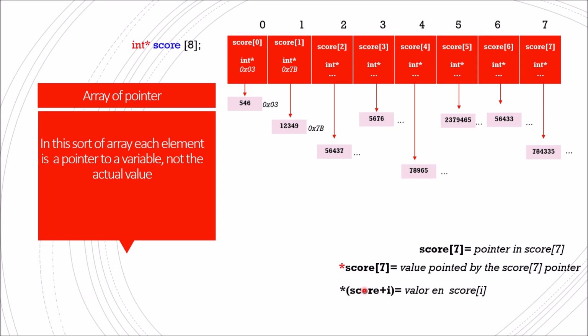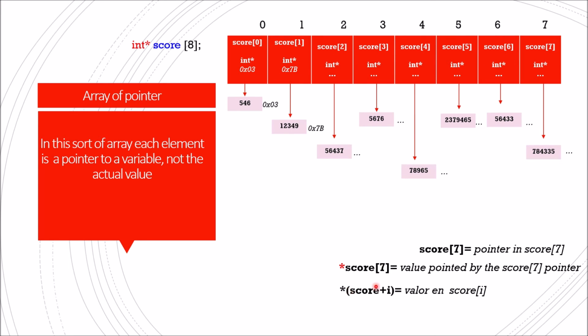Remember that an array is considered a pointer per se in C language, so the name here, score, is already a pointer that is pointing to the first address in memory of the first element within the array. So I can also use pointer arithmetic to move forward or backwards if I wanted.